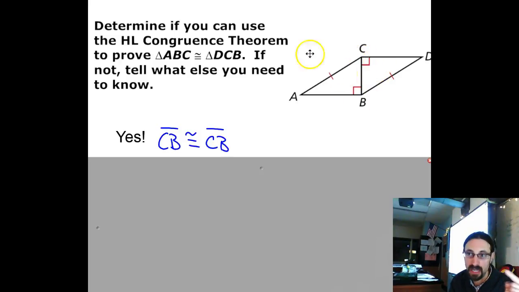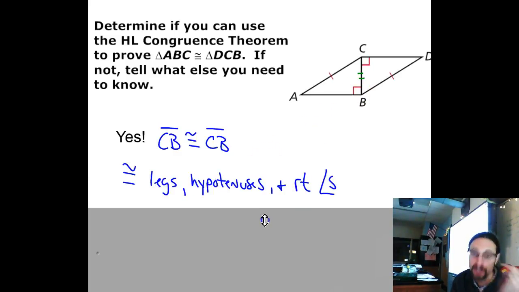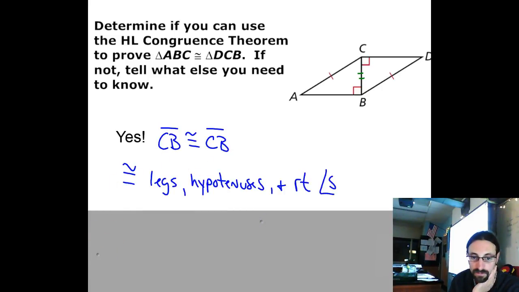So CB is congruent to CB, and of course that is from the reflexive property of congruence. Now, once you've established that, you have a leg and a hypotenuse in a right triangle. So therefore, yes, I do know these triangles are congruent from the hypotenuse leg theorem.